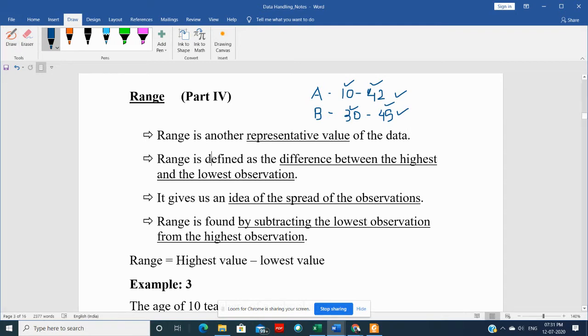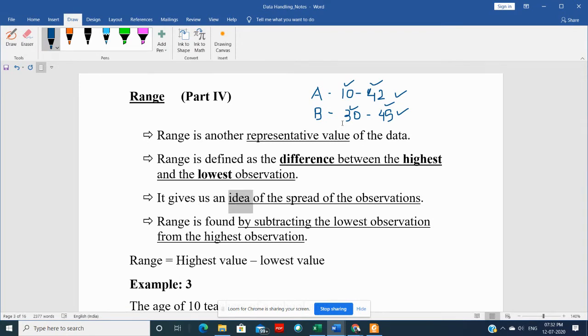So range is defined as, see, this is very important, the difference between the highest and the lowest observation. So in case of class A, 42 minus 10, right? So 32 is your range of the marks. In case of class B, 45 minus 30, that is 15 is the range of the class. Okay, range of the marks, right?